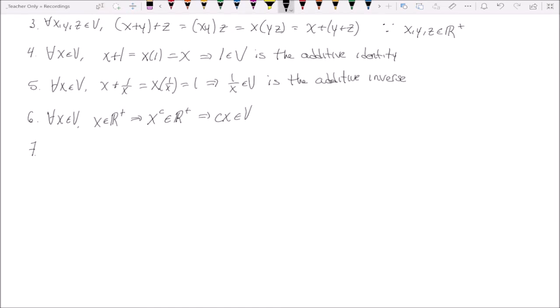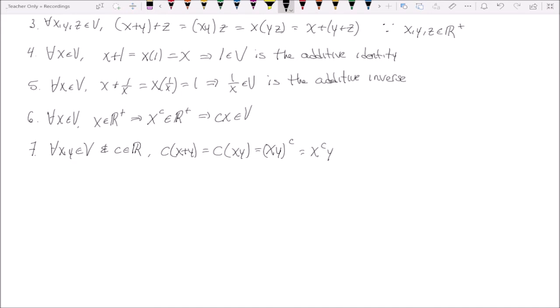Right? So we look at all x, y in V. We want to show that scalar multiplication distributes across addition. So c times x plus y is equal to c times x times y by definition of addition, right? So this would be x times y to the c.